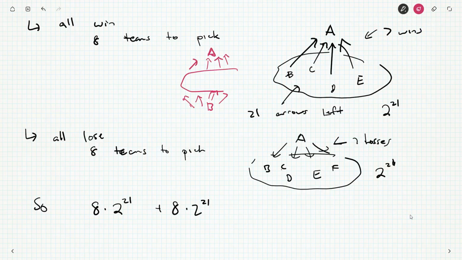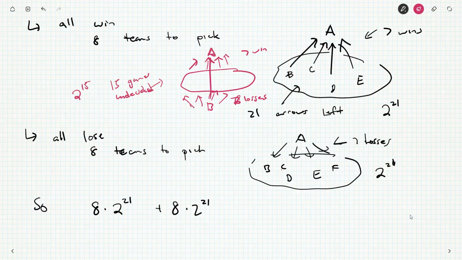Okay, and so we'd have 7 losses, and we'd have 7 wins, although one of these arrows is going through here, so I guess the point is 13 arrows already accounted for, so that leaves 15 games undecided. So that's 2 to the 15 right there.